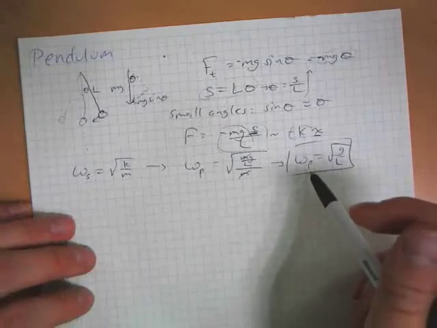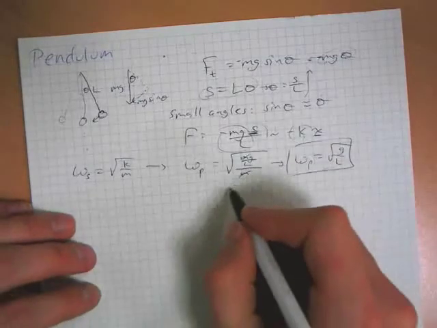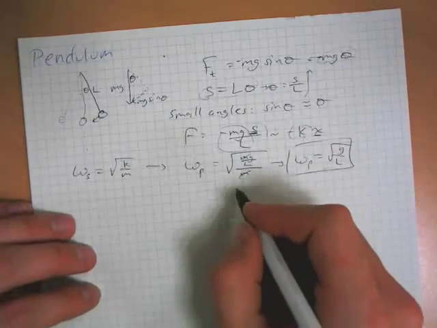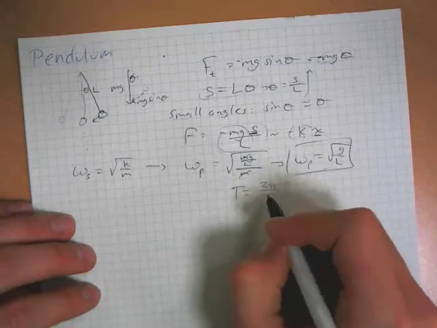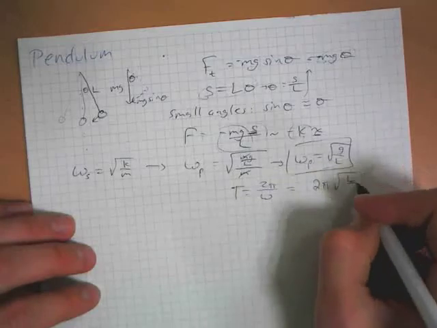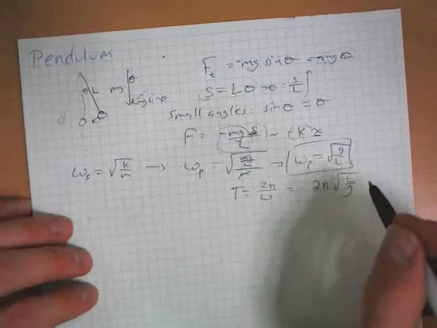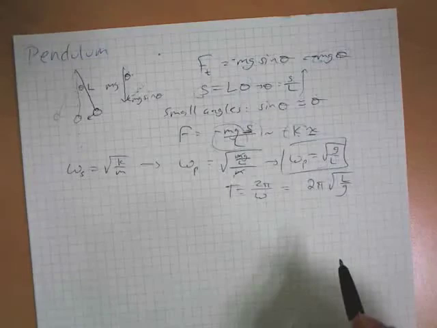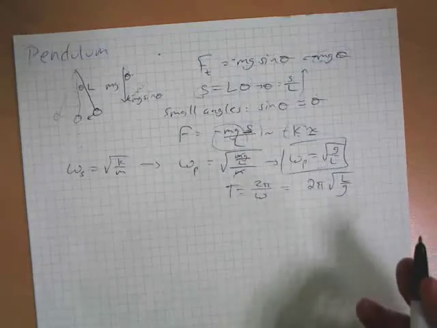So that's one piece of it, and then likewise we can figure out that our period is 2 pi over omega, which in this case would be 2 pi root L over g. So those are the properties of our pendulum motion and its simple harmonic.